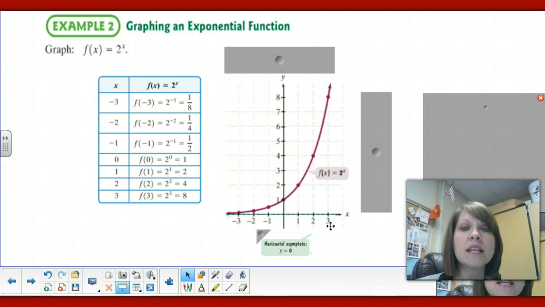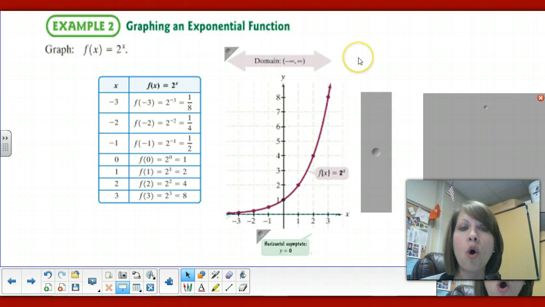Okay, let's talk domain and range. Before, on the definition of an exponential function, remember on that page it said x can be any real number. Any real number for x is an all real numbers, negative to positive infinity, kind of domain. The range, on the other hand, is not all real y values.